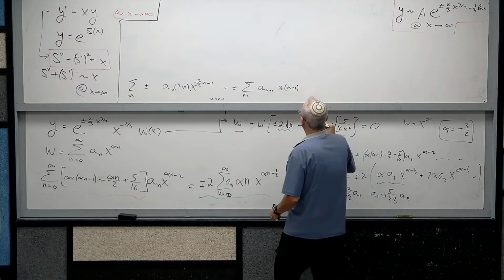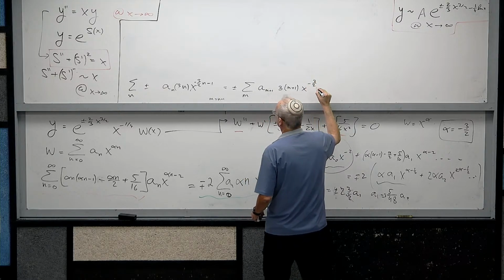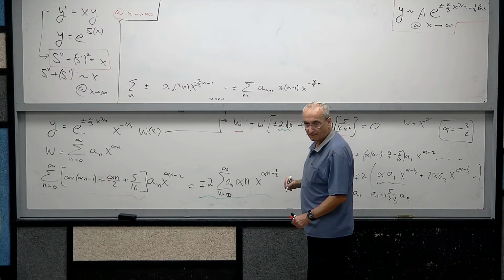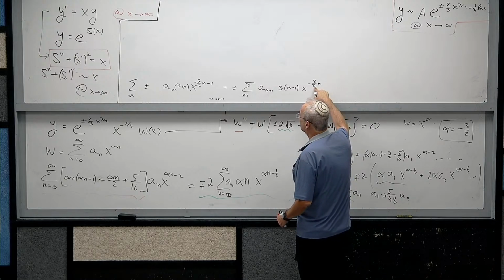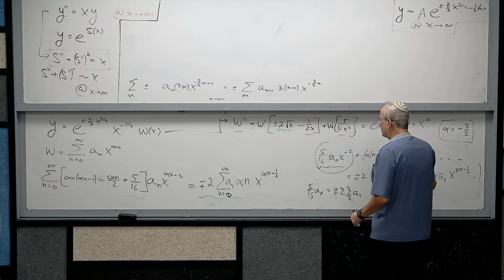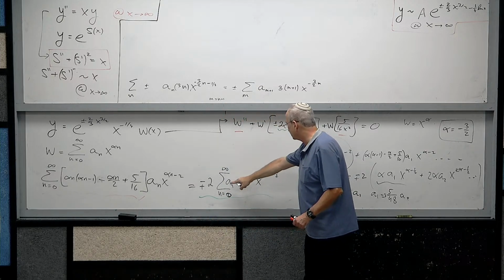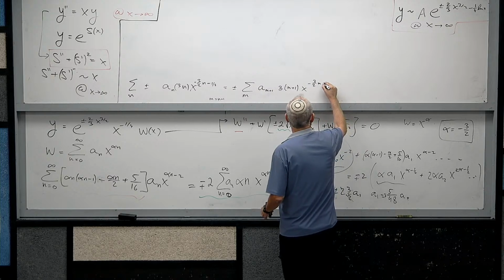And now I have x to the minus 3/2 times m plus 1. So I have 3/2 m minus 3/2. Sorry, there is a 1/2. This is 1/2, this is not 1. Look here. So it will be minus 3/2 m minus 2.